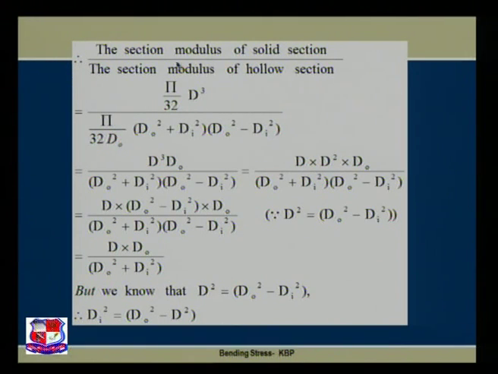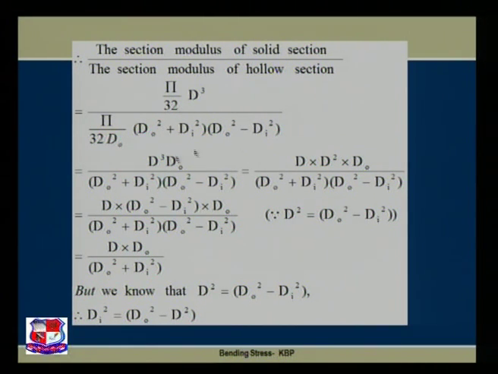So, the ratio of the section modulus of the solid section divided by the section modulus of the hollow section is equal to, replace the term with the formula, pi by 32 d cube divided by pi by 32 do bracket do square plus di square bracket over do square minus di square.